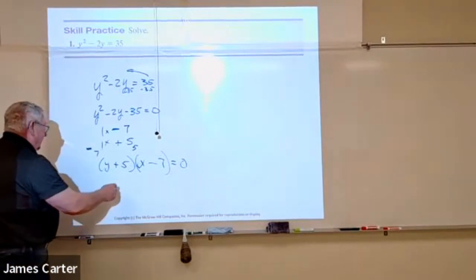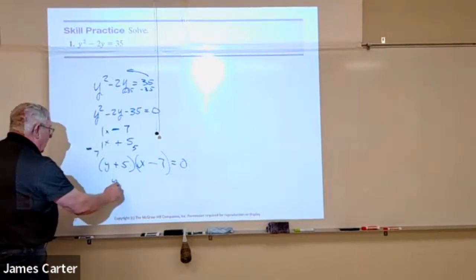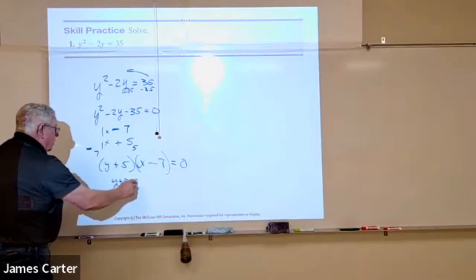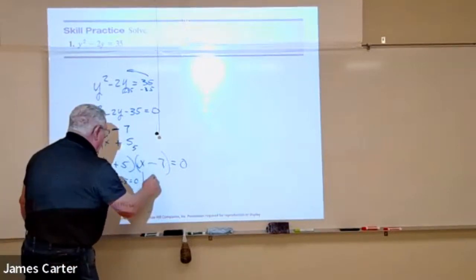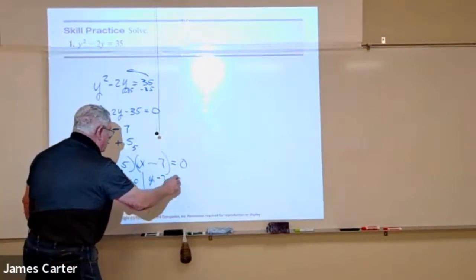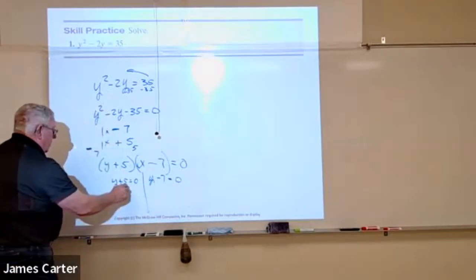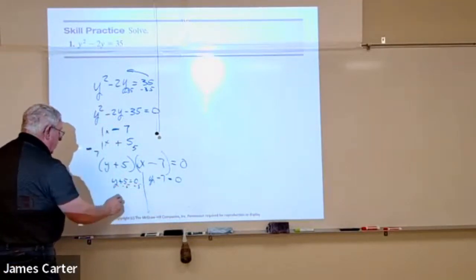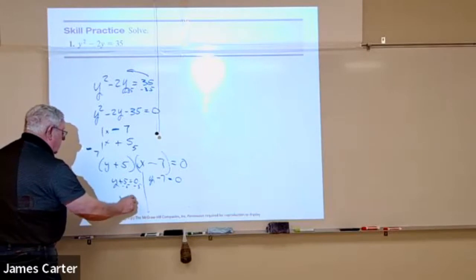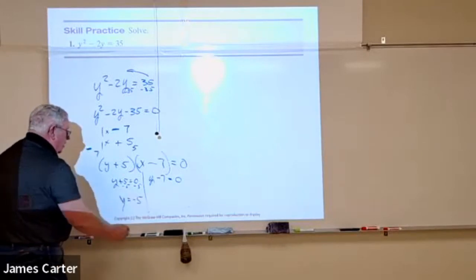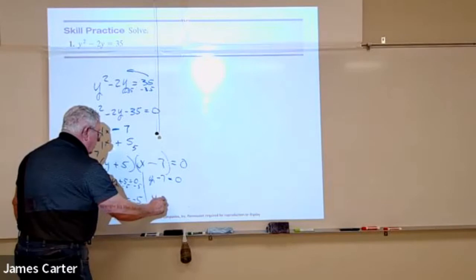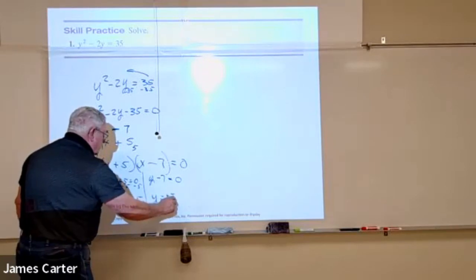Okay, well, that was bad. So y plus 5 equals 0. y minus 7 equals 0. Minus 5, minus 5. y equals negative 5. y equals positive 7.